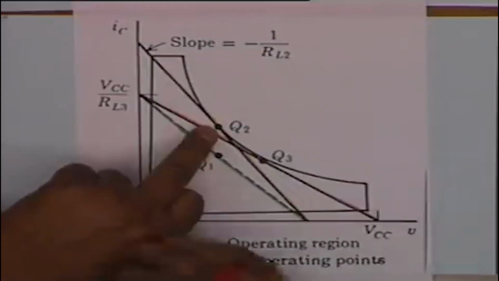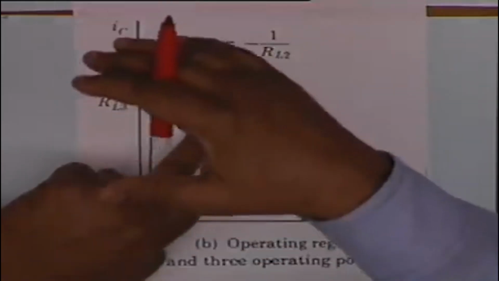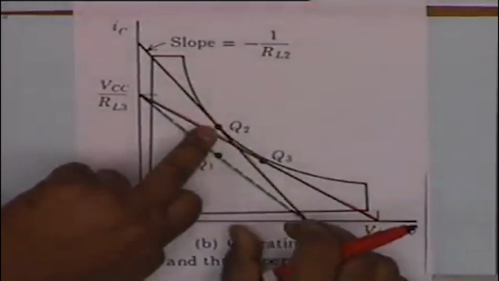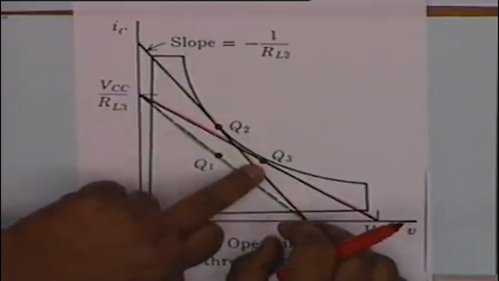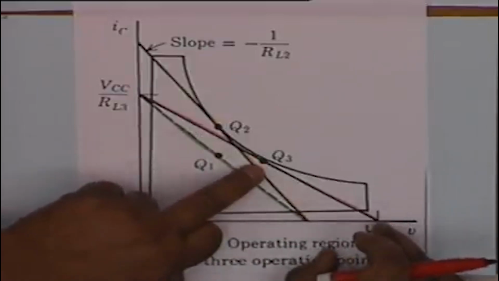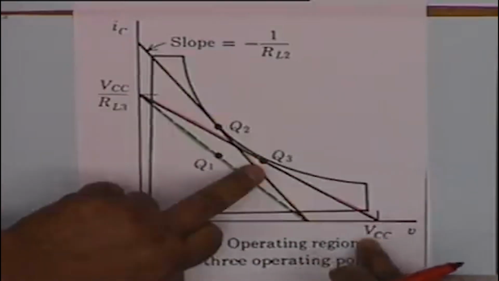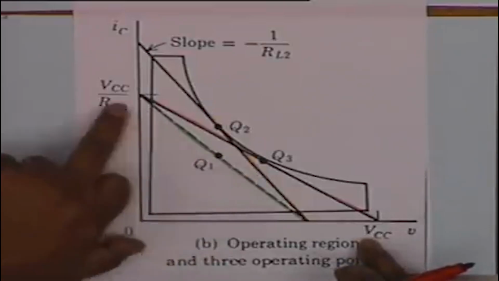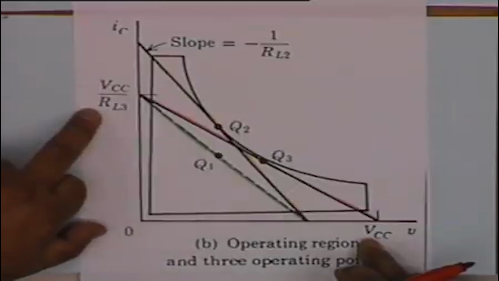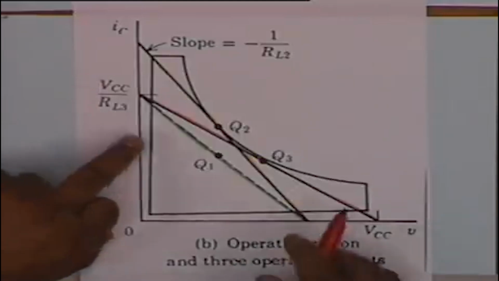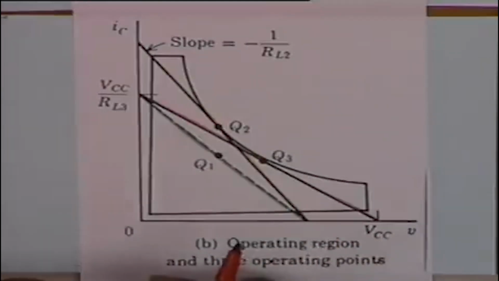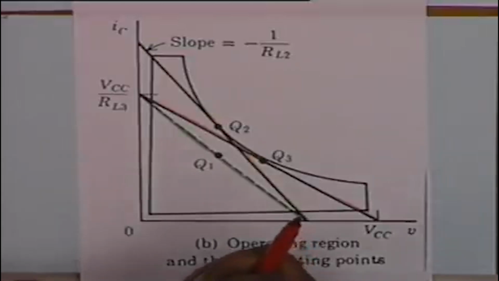What is Q2? Q2 allows maximum possible current swing, restricts the voltage swing. Q3 allows maximum possible voltage swing, this is VCC, but restricts the current swing to VCC by RL. Alright? Now any point between Q2 and Q3 gives almost the same power at the output.